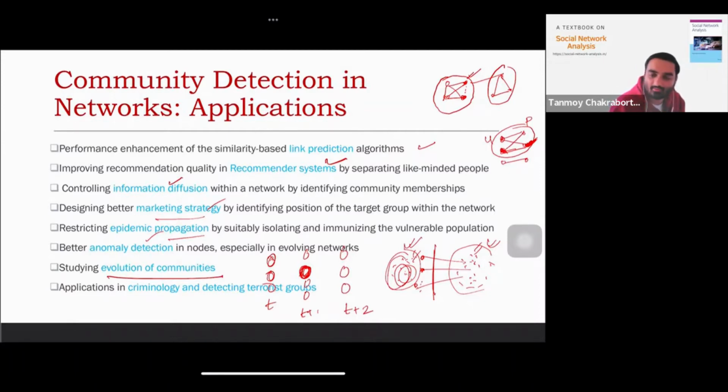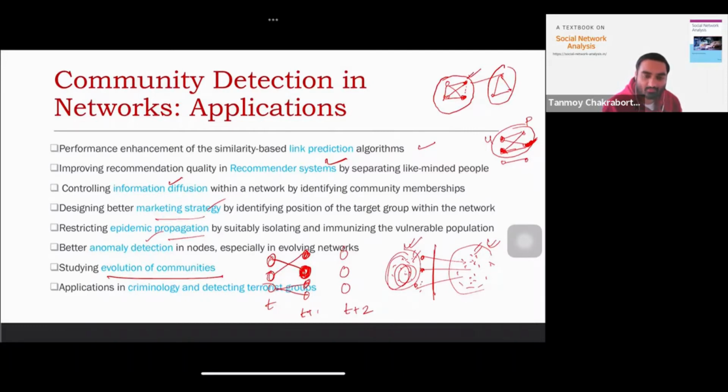So the important research problem is, how do we understand that this is related to this community, for example. Now this is related to this community, and this is related to this community. So there is something called the birth of a community, or the split of a community, the death of a community, and so on and so forth.